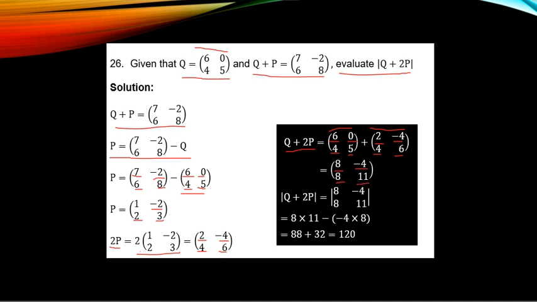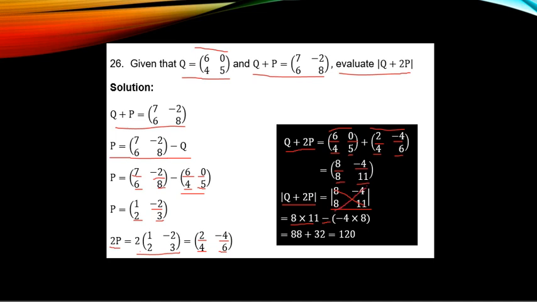Then for the determinant, you introduce the determinant symbol. Then you take the entries of the matrix Q plus 2P and put them under the symbol of determinant. Then you take the difference of the product of the two diagonals, where you start with the main diagonal, 8 times 11. The difference is minus, first before minus 4 times 8.